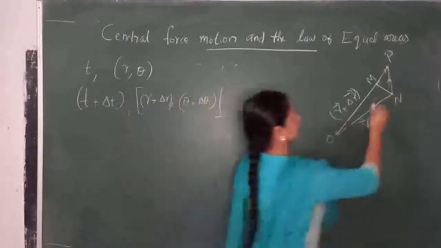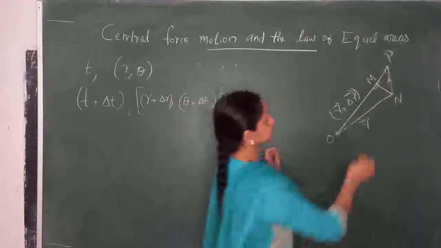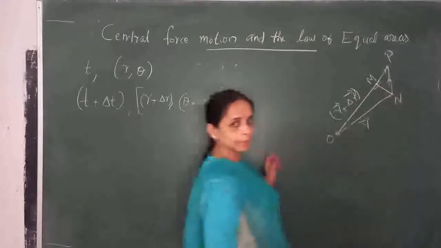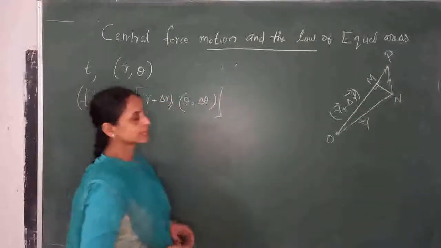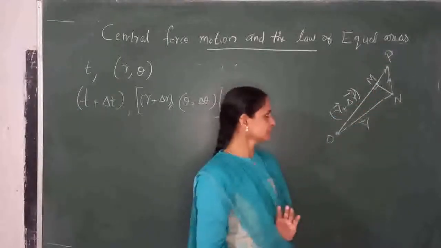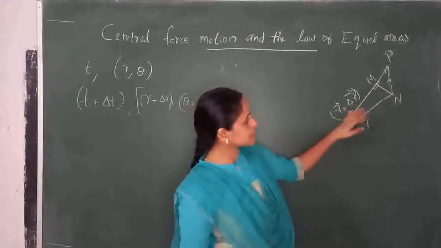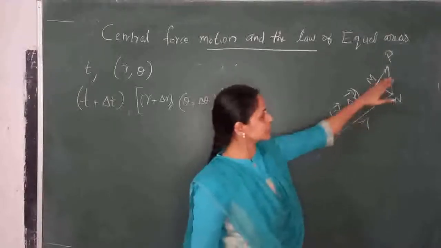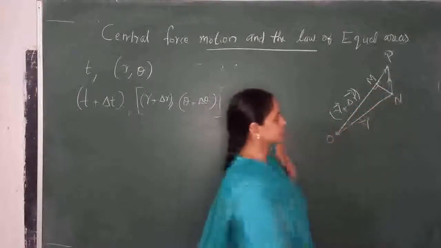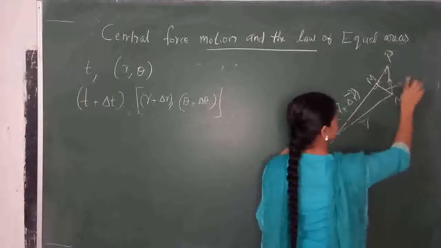This is actually the perpendicular here, and consider the triangle OMN. OMN is a right angled triangle, right angled at this position M. So this is a right angled triangle with base r plus delta r. This is the altitude here, which can be given as some h.